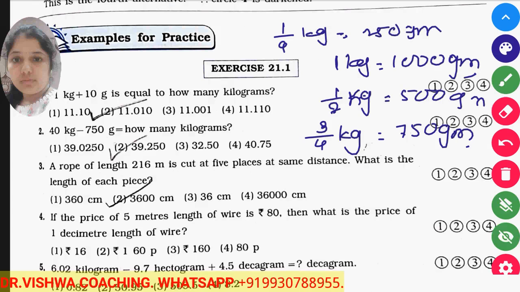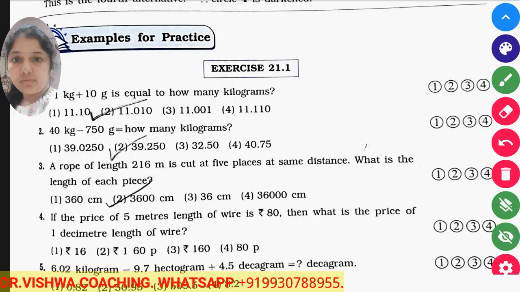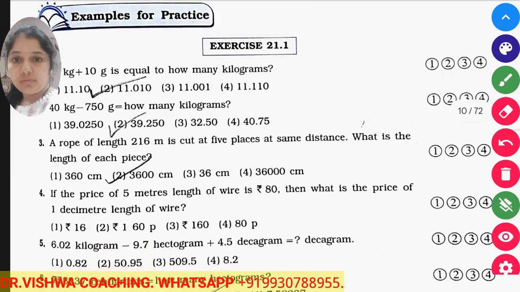Now you have to subtract this 750 gram from this 40 kilogram. So what I will do is borrow 1 kg from this 40. So this 40 becomes 39. And from 1 kg, if we subtract 750 gram, it remains 250 gram. So 39 kg point 250 gram is your answer. So like this you can convert.